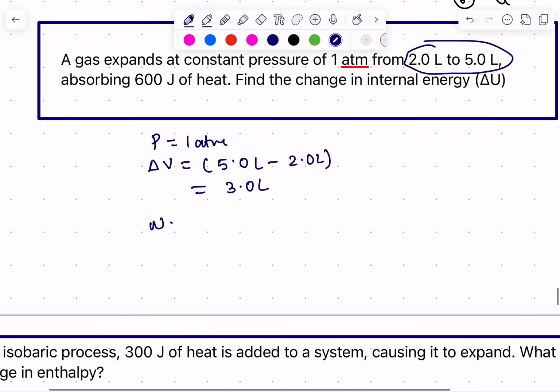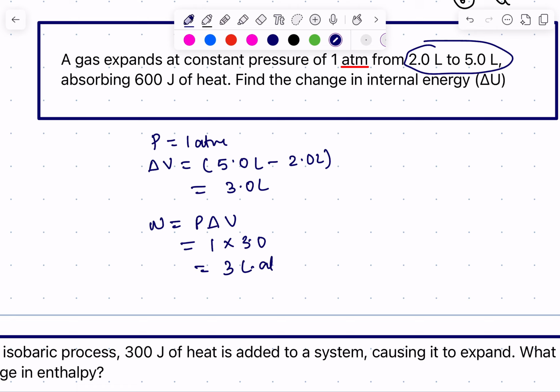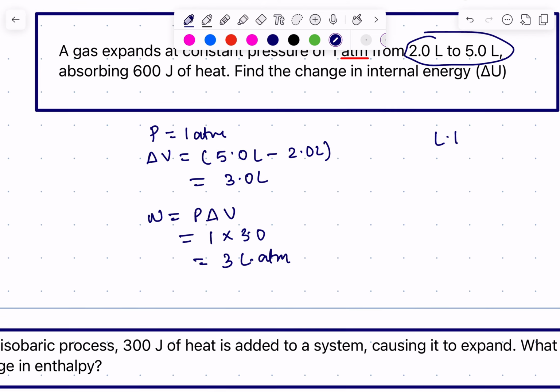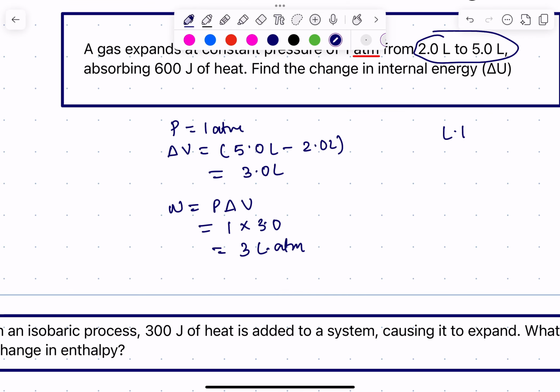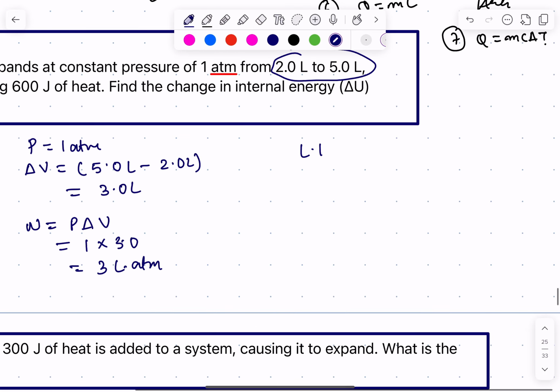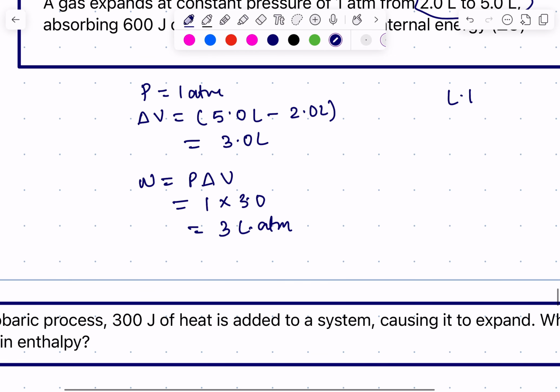So I can calculate the work done, that is 1 into 3.0, which will be 3 liter atm. But I have to convert. I can't see the screen. Anyone of you cannot see the screen, or none of you? You can see the screen, sir. It's visible, sir. Okay. Now it's visible. Thank you.